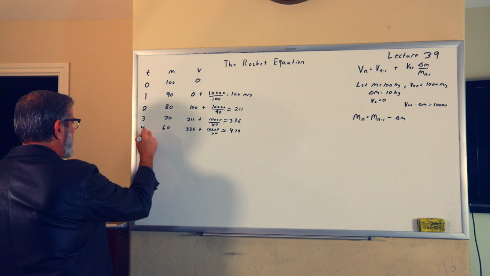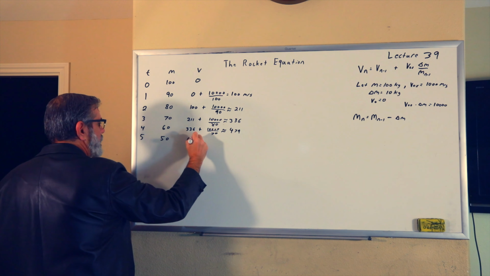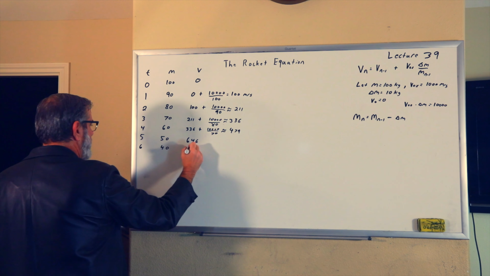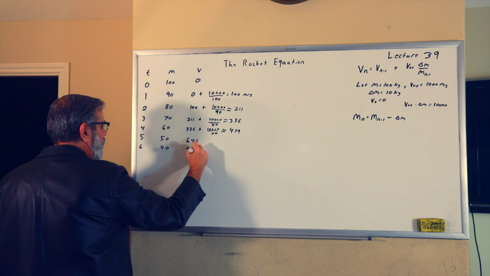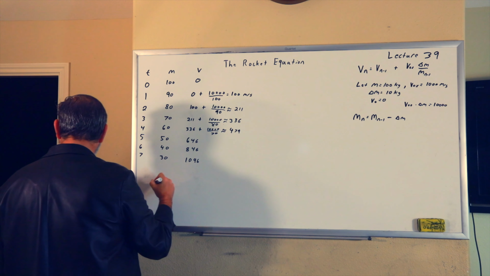Now I'm just going to keep filling these values in. This will be 50, and this will turn out to be 646 meters per second. In the sixth time step, this will be 40, making this 846 meters per second. In the seventh time step, we'll have a mass of 30, and a speed of 1,096 meters per second.